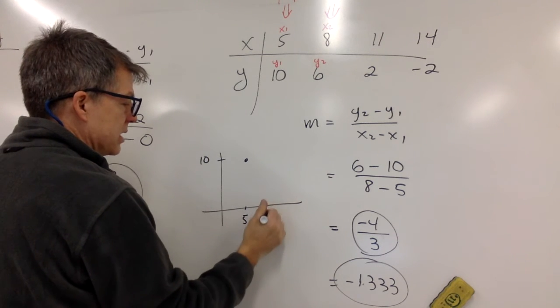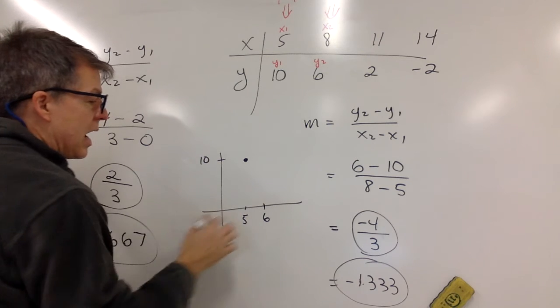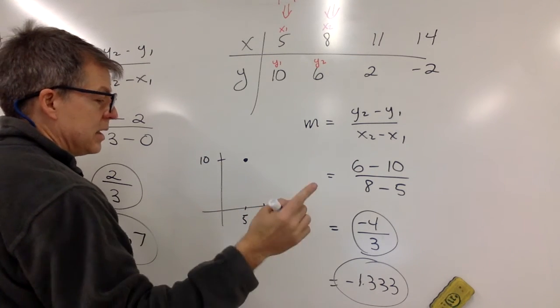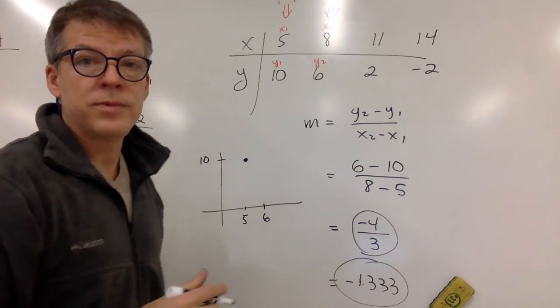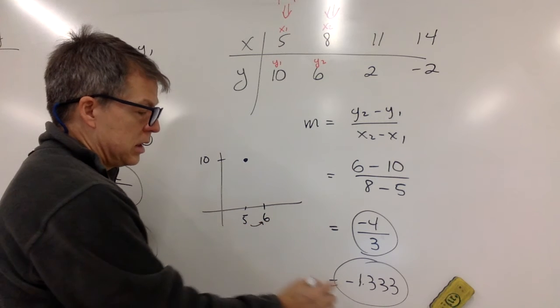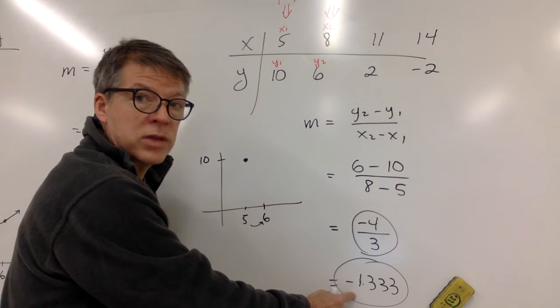Okay? And then let's say this is 6. So we know that this point is right here. How could we get where the line is when x is 6? The slope will tell you. Because the slope tells you, hey, as your x goes up by 1, your y is going to be dropping, in this case, by 1.33.